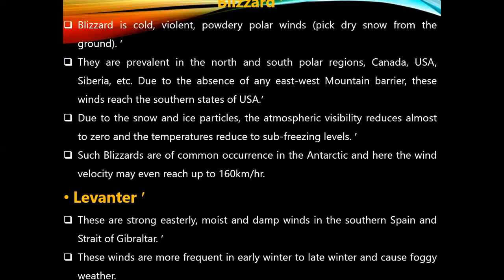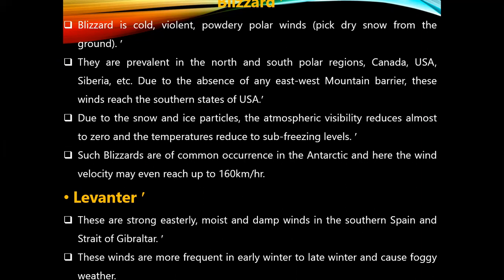Due to the snow and ice particles, atmospheric visibility reduces almost to zero and the temperature drops to sub-freezing levels. Such blizzards are of common occurrence in the Antarctic, and here the wind velocity may even reach up to 160 kilometers per hour.